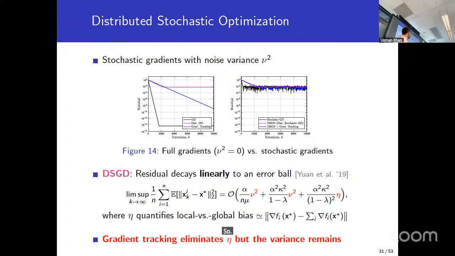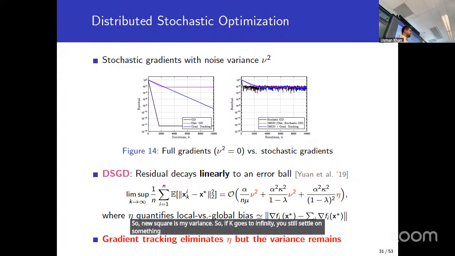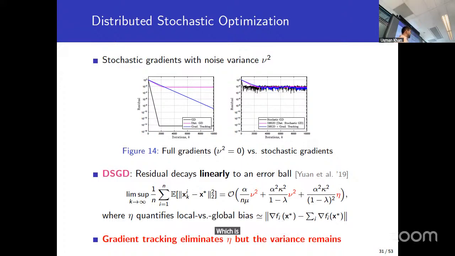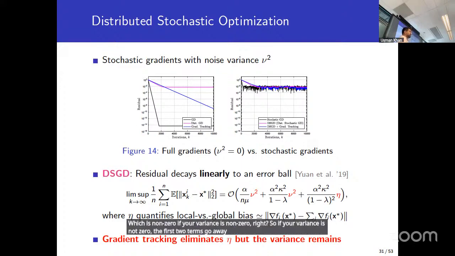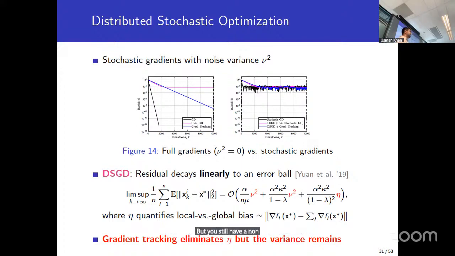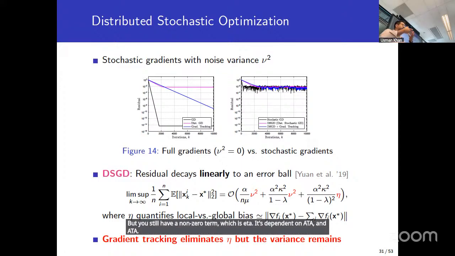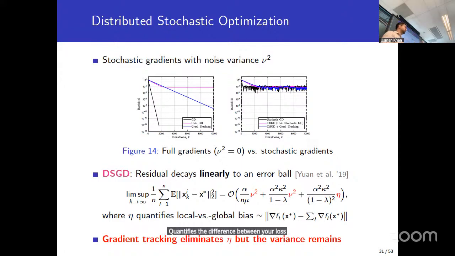So nu square is my variance. If k goes to infinity, you still settle on something which is non-zero if your variance is non-zero. If your variance is not zero, the first two terms go away, but you still have a non-zero term, which is dependent on eta, and eta quantifies the difference between your loss function and the global loss function.